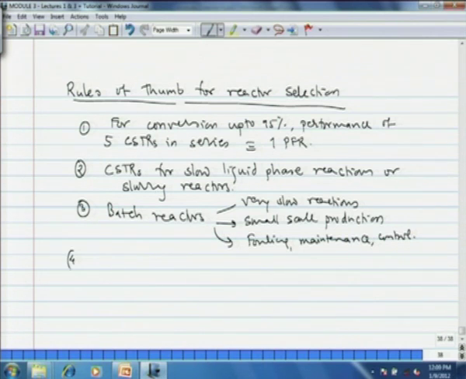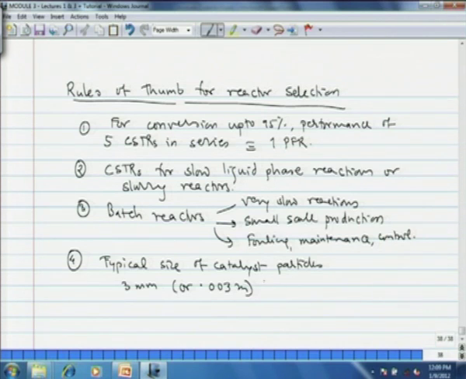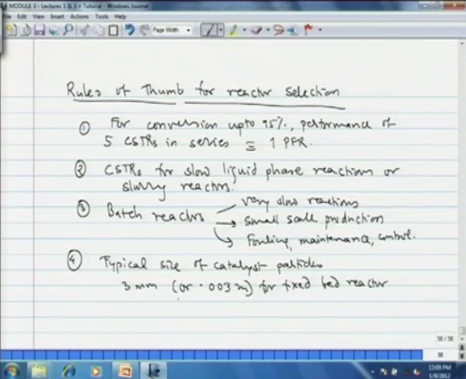Then in case of catalytic reactions, the size of the catalyst particle is crucial. The typical size of catalyst particles is 3 millimeter or 0.003 meter for fixed bed reactor, because here you have to use a slightly larger size so as to have sufficient voidage, because if the voidage decreases, then pressure drop across the fixed bed increases.